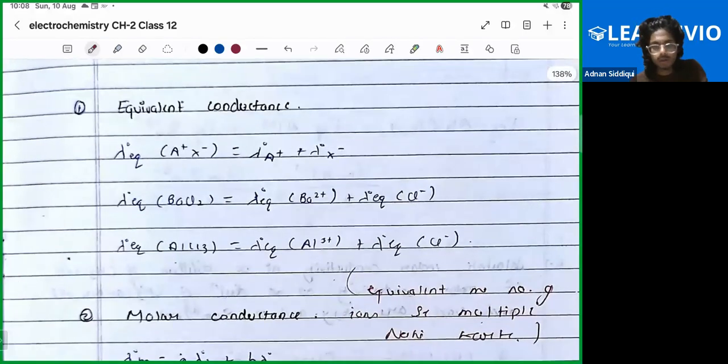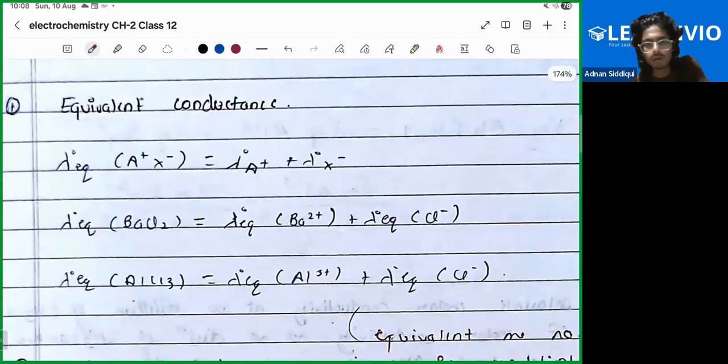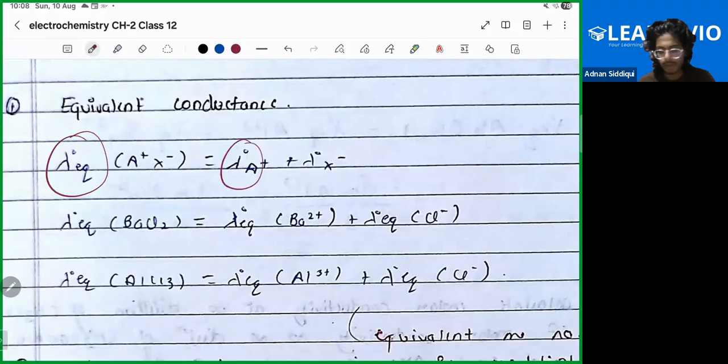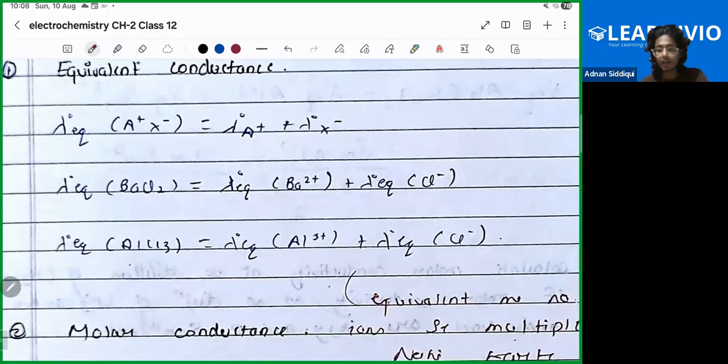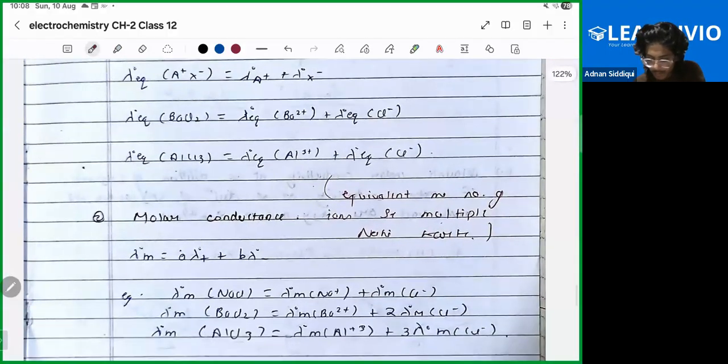If you are talking about Kohlrausch law and you are taking equivalent conductance, how are you going to proceed? The thing is the same. Your limiting equivalent conductance is going to be the sum of cation and anion. But what is different here? If you are using the equivalent term, then you do not multiply by the number of ions.